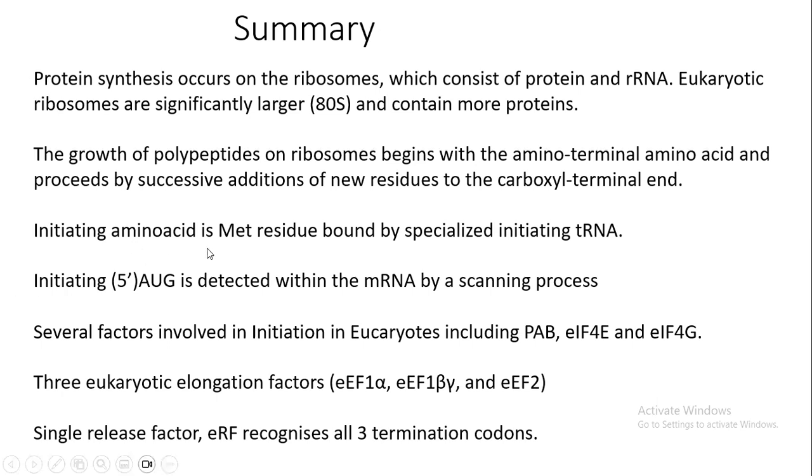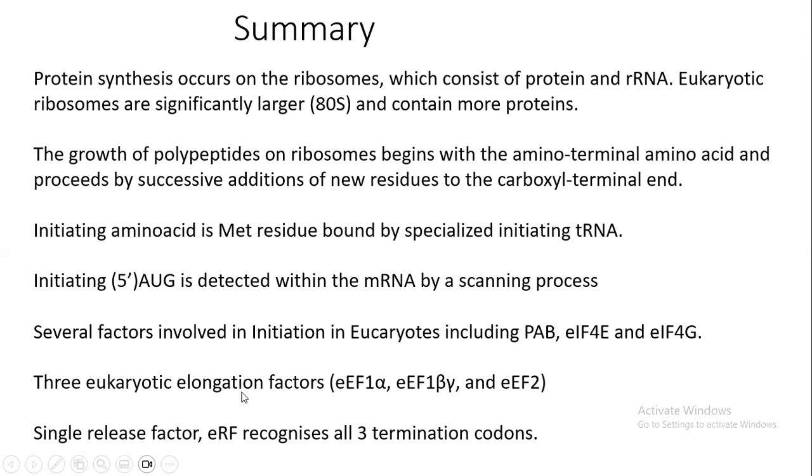The initiating amino acid is a methionine residue that is bound to a specialized initiating transfer RNA. The initiating 5' AUG is detected within the messenger RNA by a scanning process. Several factors are involved in initiation in eukaryotes, including the poly A binding protein, eukaryotic initiation factor 4E, eukaryotic initiation factor 4G, and so on.